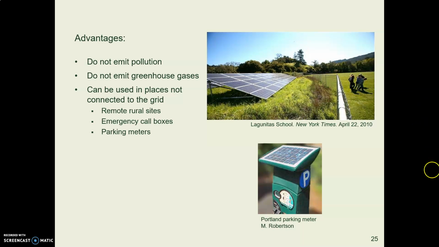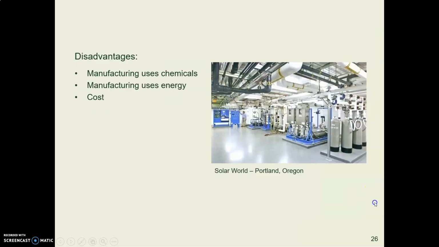Another advantage is if you don't need to be connected to the grid, you can use them in all kinds of places. Out in the country, you can generate your own power. You see them, here's a parking meter in Portland. You see them all over the place, around Eugene too. Many of them generate power for traffic signals, pedestrian signals.